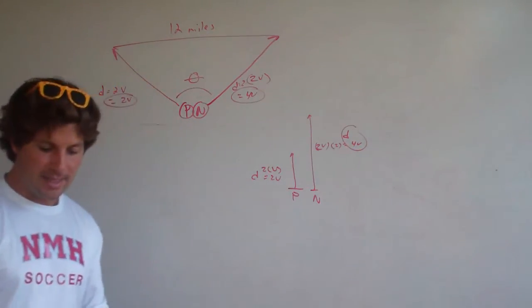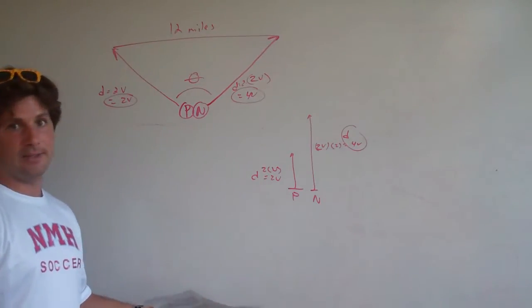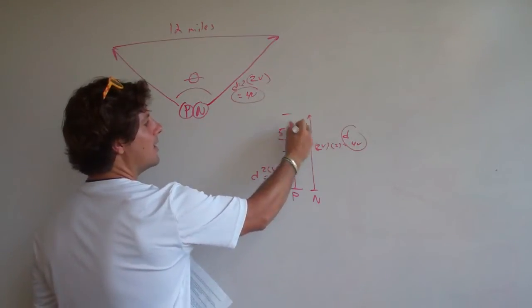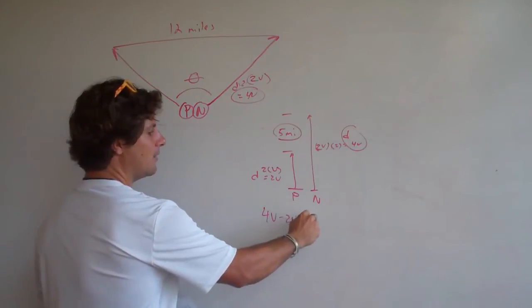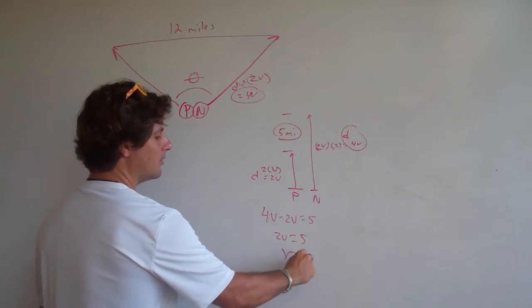We know that had they run in the same direction, the distance that they would have been apart would have been 5 miles. So 4v minus 2v equals 5, or 2v equals 5, v equals 2.5.